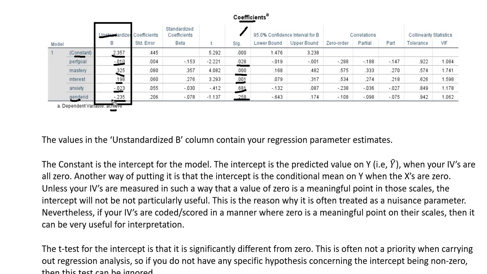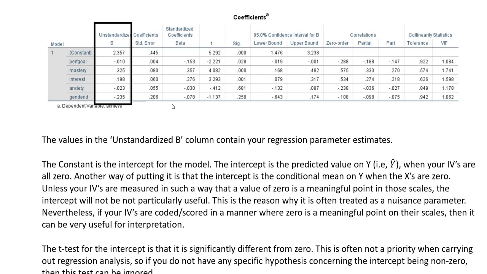But if it were significant, what this would indicate, because of the coding system, again, 0 is male and 1 is female, is that females were scoring lower on achievement than males. But that's not the case, because we have a non-significant predictor in the model.